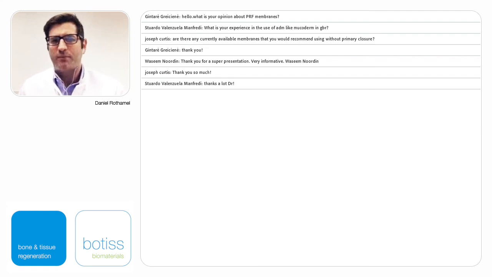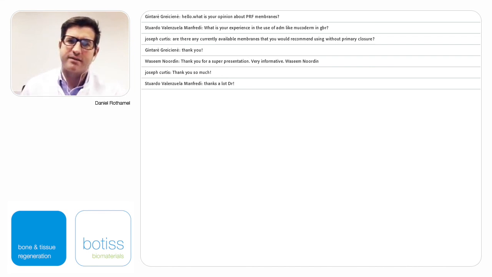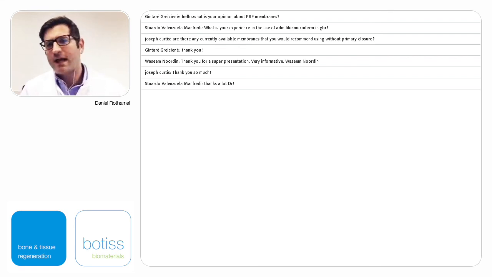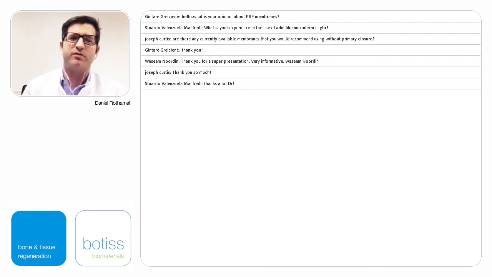We know today that PRF membranes are able to support the soft tissue healing. We are using these membranes especially in patients where we have thin gingiva biotypes, for example. But just be aware that a PRF membrane will stay there for, let's say, a maximum of 7 to 10 days.